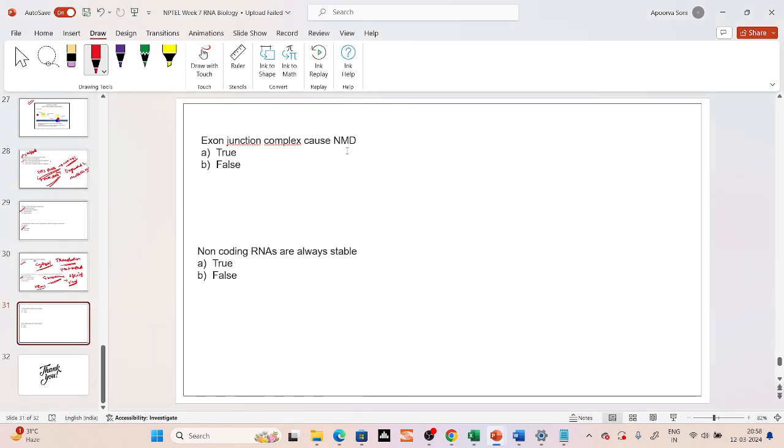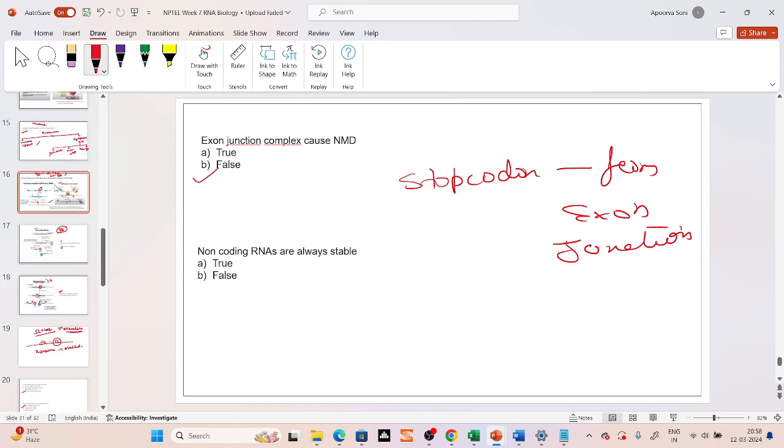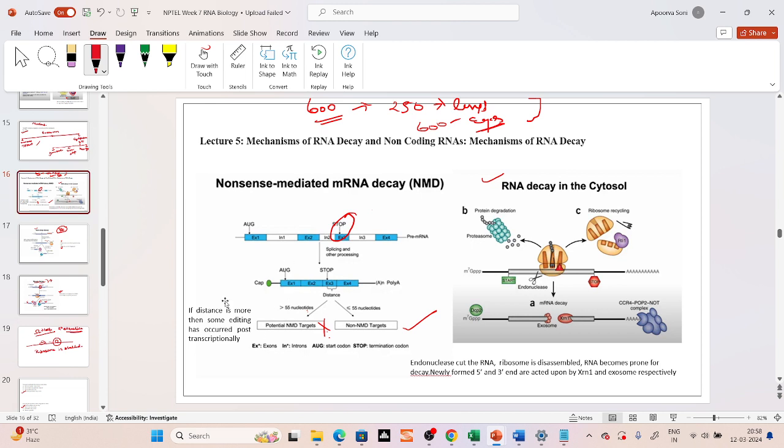Okay. So the answer is false. Why? Because nonsense mediated decay is not caused by the exon junction, it is caused by the distance of the stop codon from the exon junction. If you remember, we have studied this in the slide.